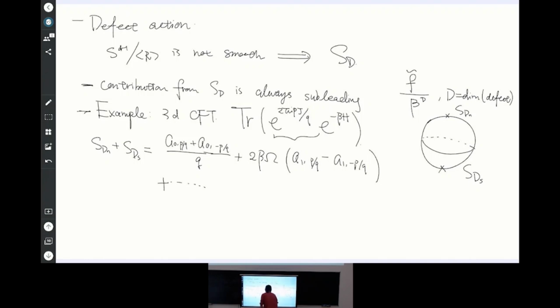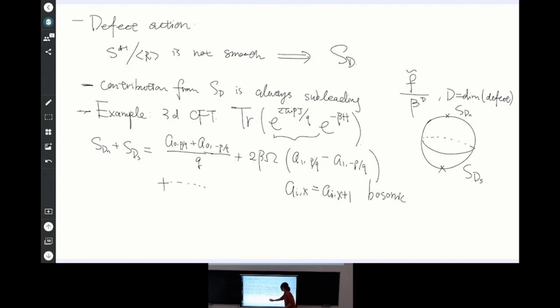And for bosonic theories, the Wilson coefficient is periodic with respect to this rotation fraction, with period being 1. And you can imagine for fermionic theories, the period will be 2 instead of 1.